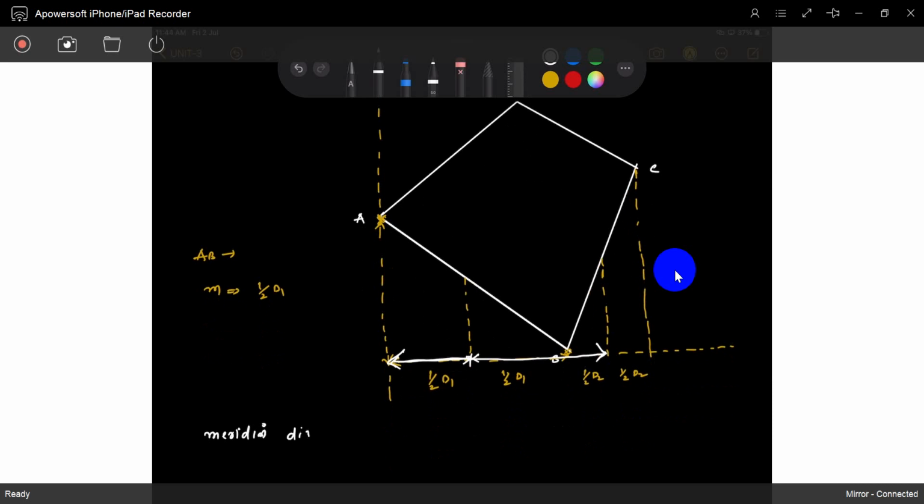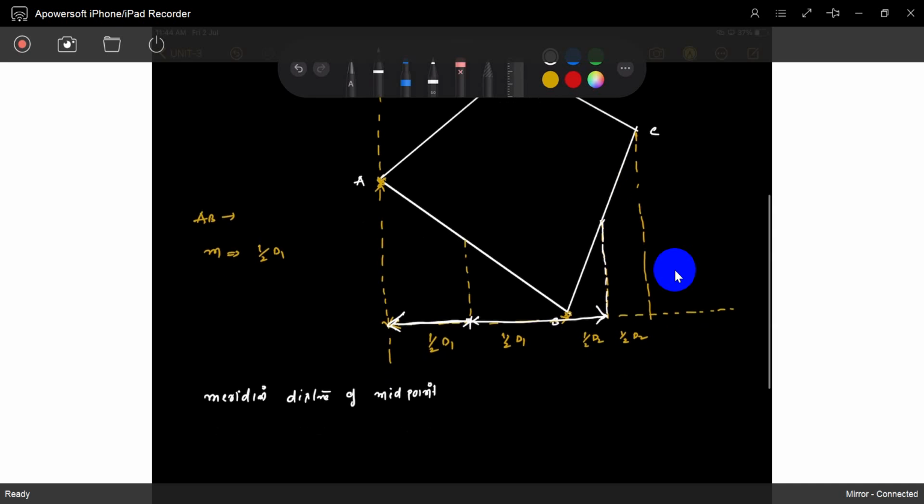Meridian distance of the midpoint. You can call it the midpoint, no need to define it. So the meridian distance is half of the departure distance from the reference line.